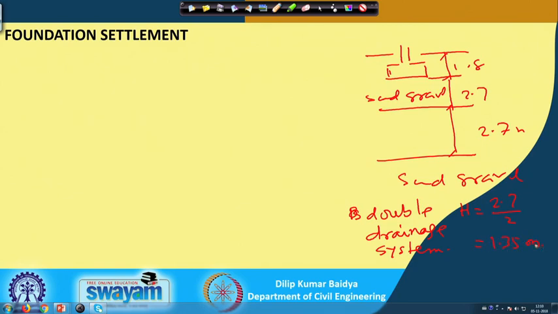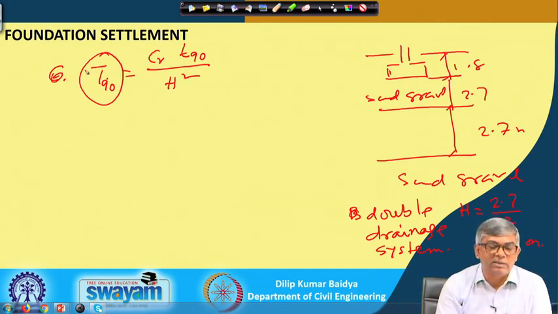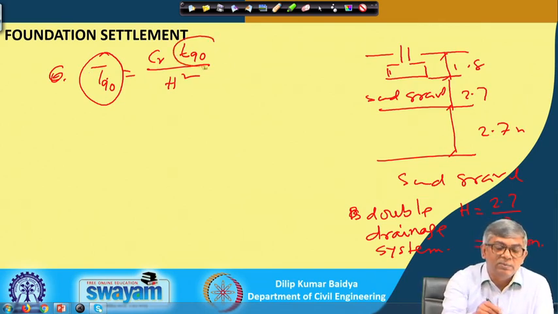Okay, this is one part. Second thing is our calculation depends on T90 equal to Cv t90 by H square. So, that means T90 means what? Degree of consolidation time factor corresponding to 90% degree of consolidation, and t90 means what?